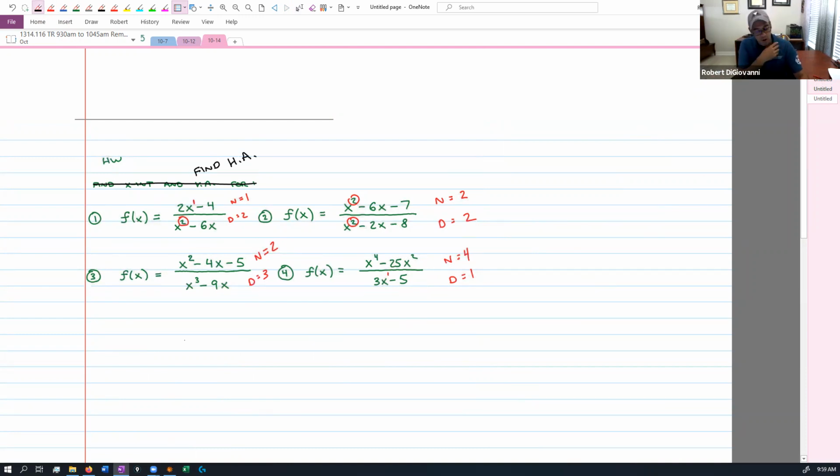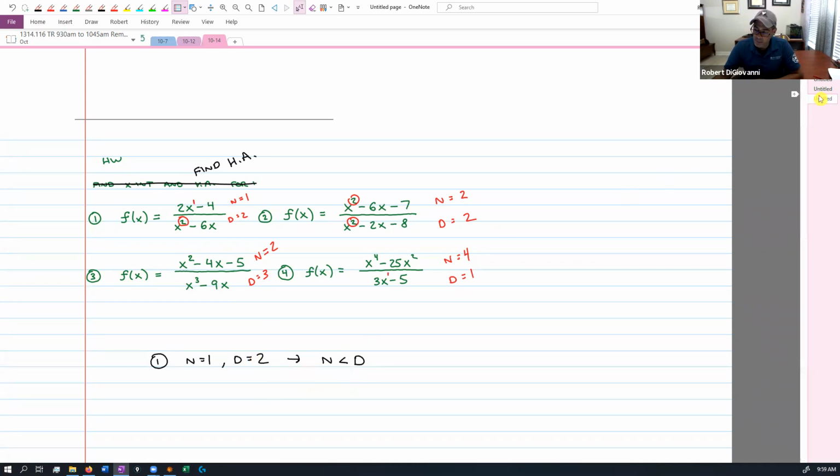Let's start with number 1. On number 1, the degree of the numerator, N, was 1, and the degree of the denominator, D, was 2. That means that N is smaller than D, because 1 is smaller than 2.